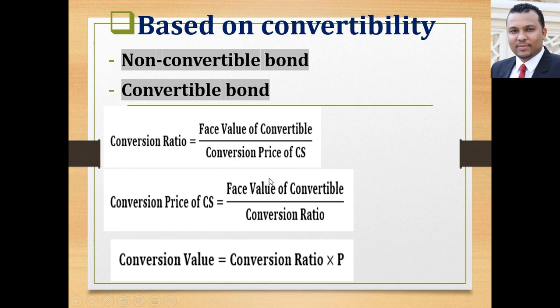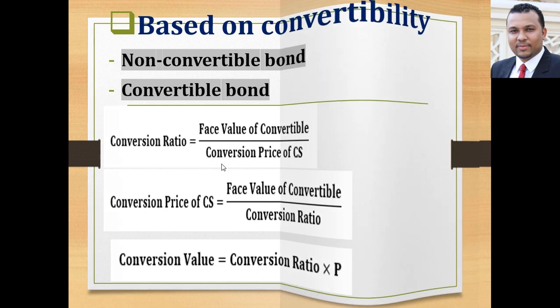What about the conversion price of common stock? If you need to calculate the conversion price of common stock, you will use the conversion ratio: conversion price of common stock equals face value of convertible divided by conversion ratio.